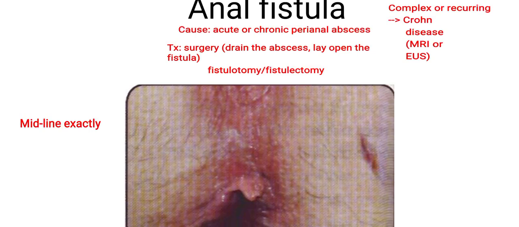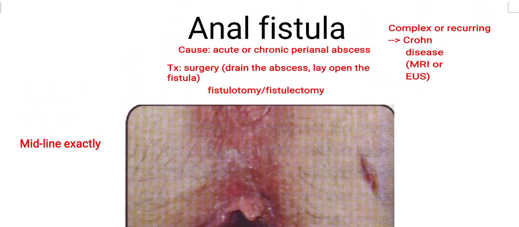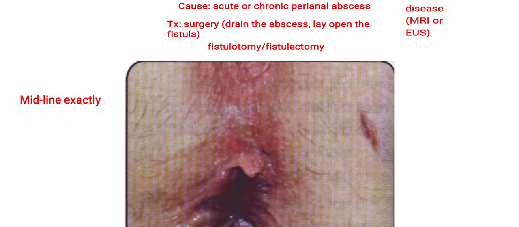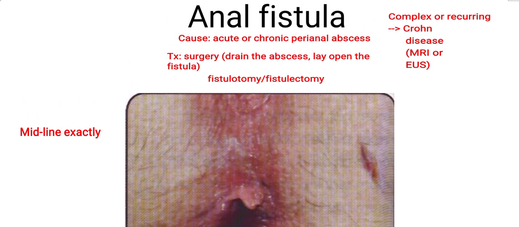The causes of anal fistula are acute and chronic perianal abscesses, or recurrent infections in the perianal region can cause fistula. Whenever we see such a picture in the exam, we can think about Crohn's disease as well.